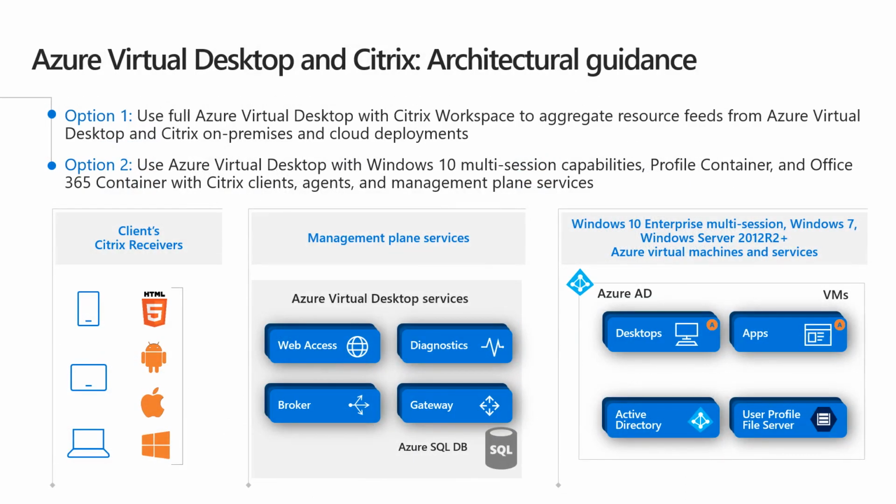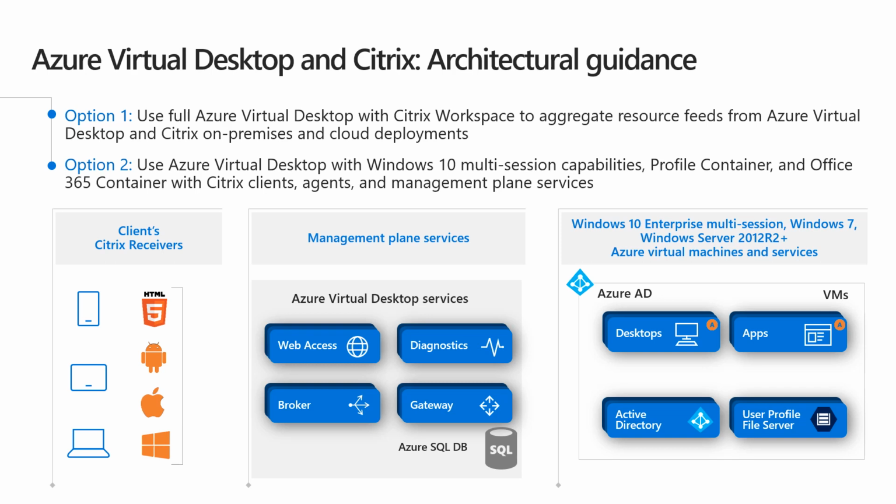Azure Virtual Desktop and Citrix architectural guidance integrates with the management plane services of Azure Virtual Desktop. The box on the left contains the clients, Microsoft Remote Desktop clients or Citrix Receivers.